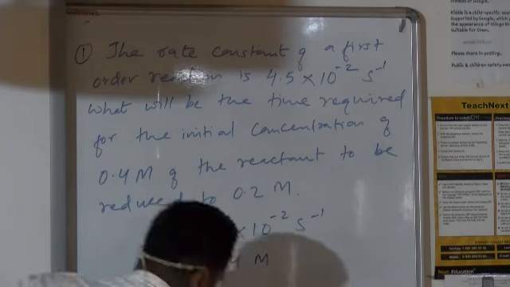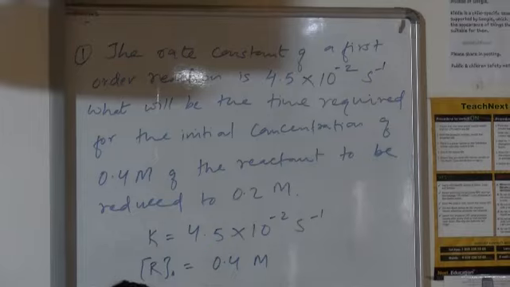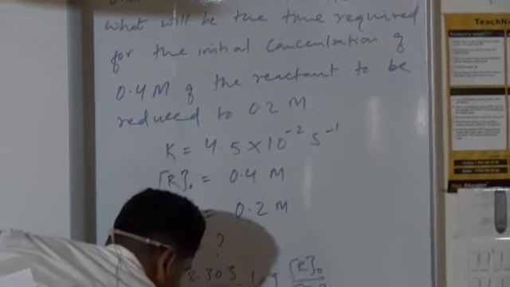If you cancel, you will get 2. So T is equal to 2.303 divided by 4.5 into 10 to the power minus 2.